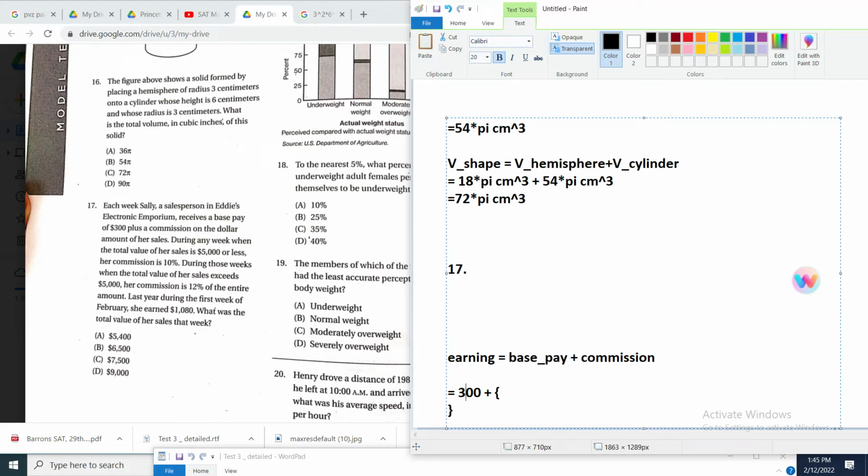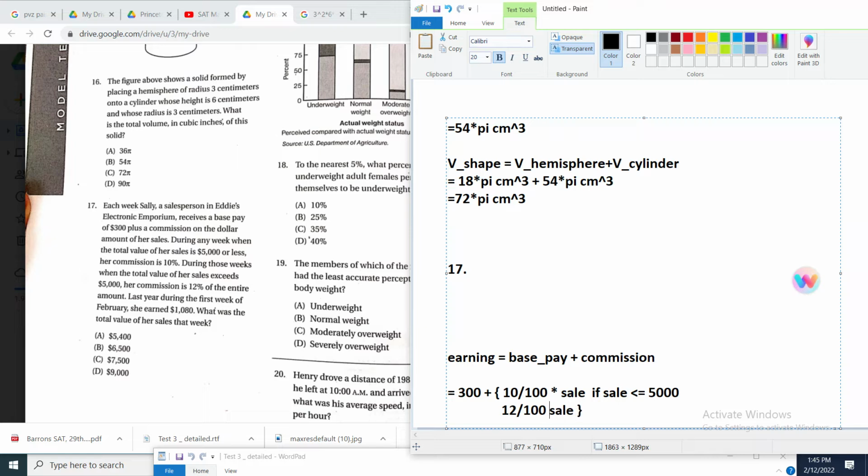The first case is 10% of sales if sales are less than or equal to 5,000. And it's going to be 12% of sales if the sales are more than 5,000, times sales.